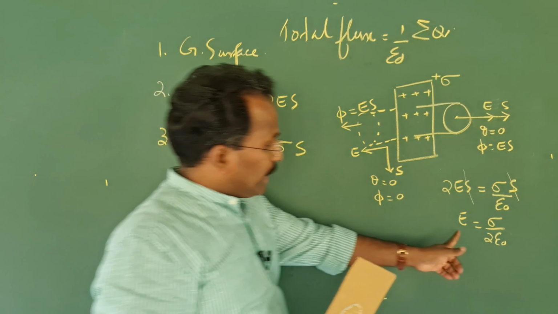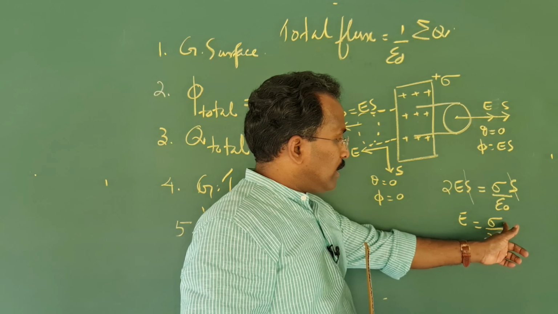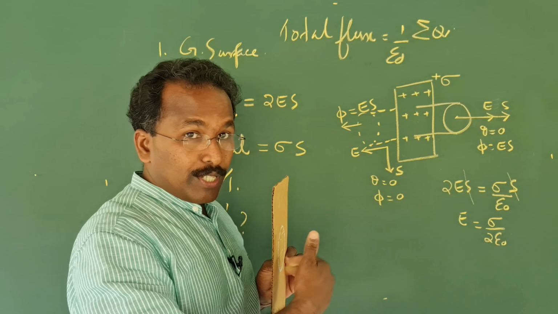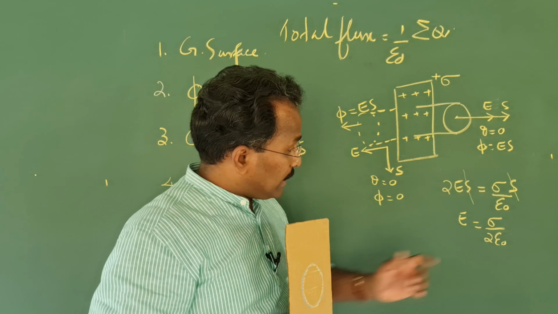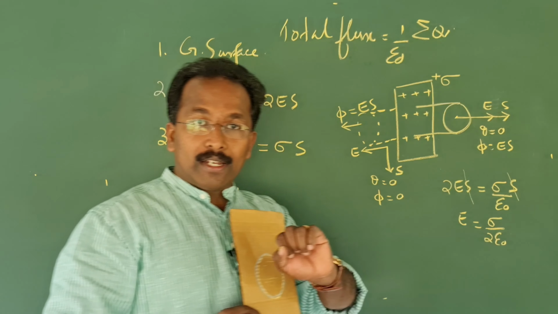Now if you try to analyze this equation, the electric field depends on sigma, how much charge you gave to this sheet. And another very interesting factor is electric field does not have a distance factor there.